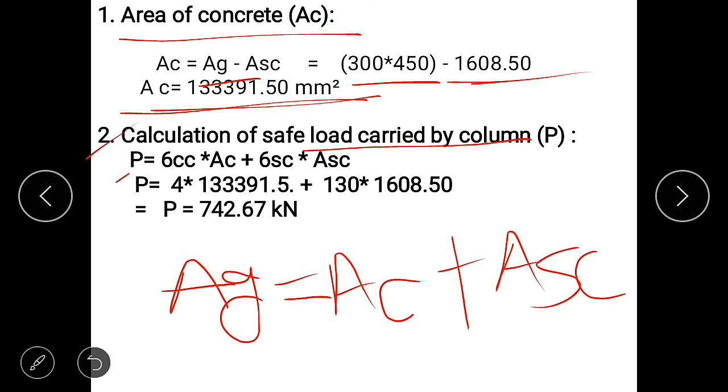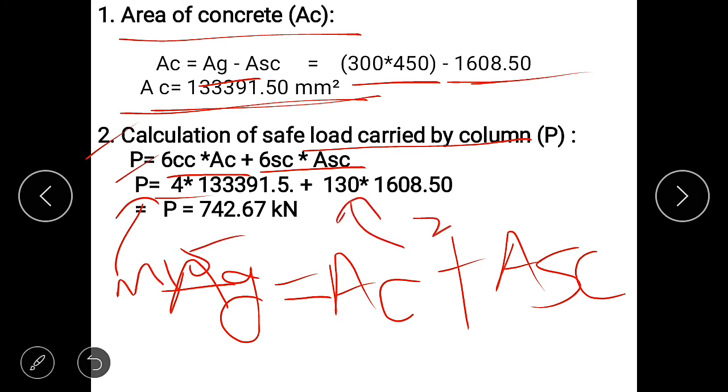Now we have to calculate the safe load carried by column P. The formula for P is sigma CC into AC plus sigma SC into ASC. Sigma CC we take from table number 21: 4 for grade M15, and for steel grade 250 the value is 130.